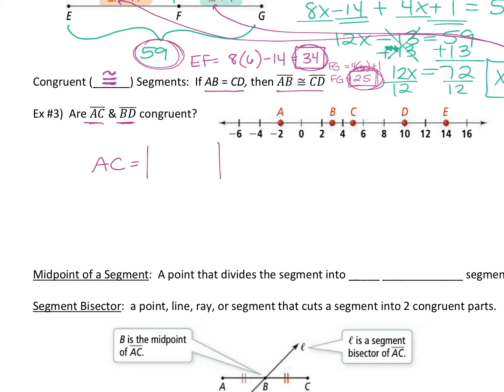The absolute value of the difference, right? So if you look at A is -2. C is where? 5. So you get the absolute value. -2 minus 5 is -7. So that is a length of 7 for AC.